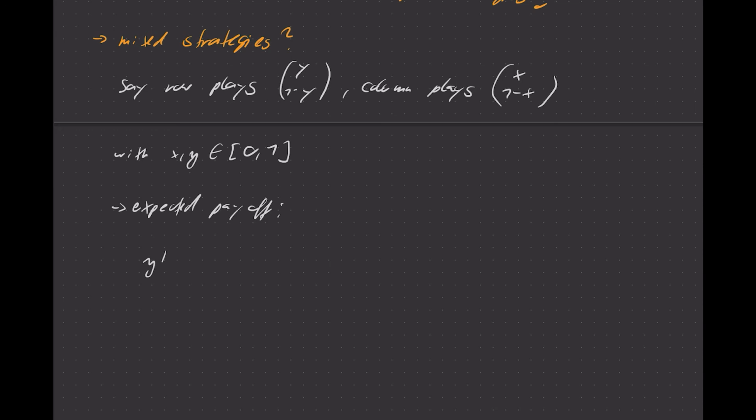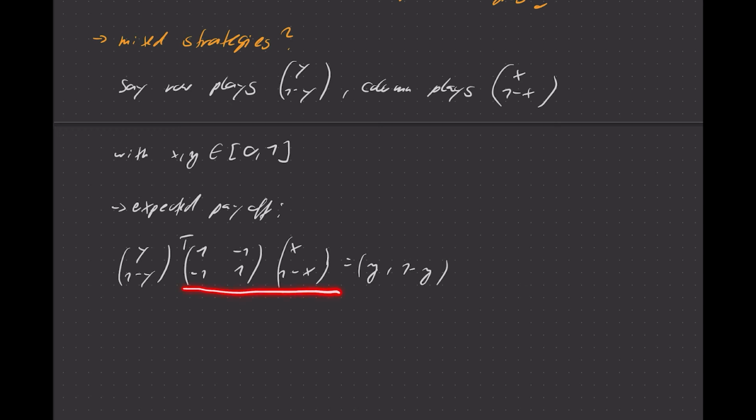Well, let's compute that. What we have to do is compute (y, 1 minus y) transposed, times the payoff matrix 1, minus 1, minus 1, 1, times (x, 1 minus x). Let's compute the matrix times this x vector first.